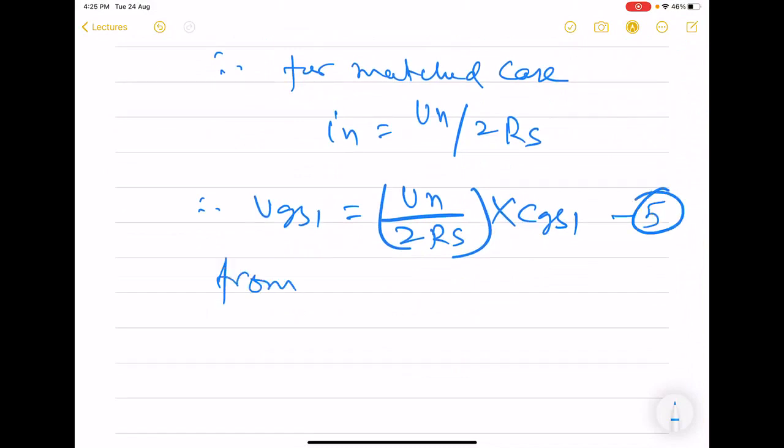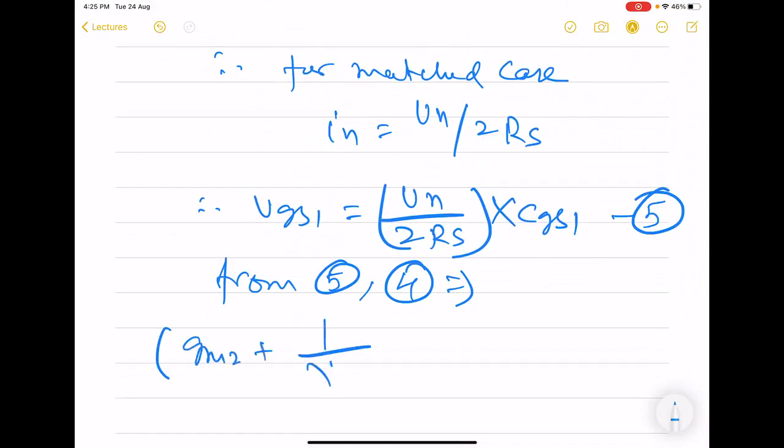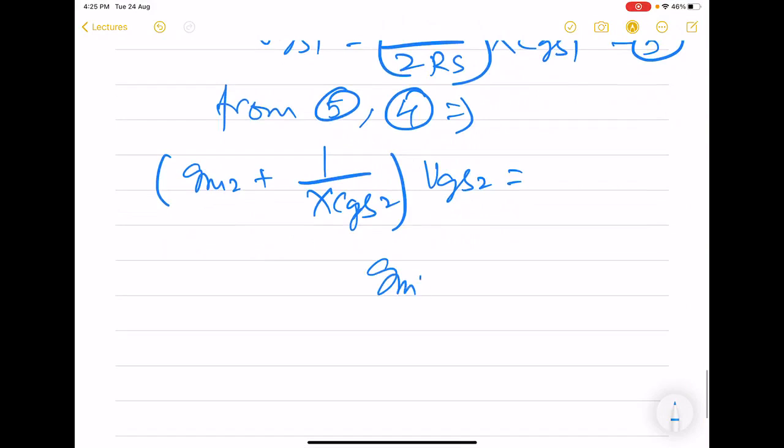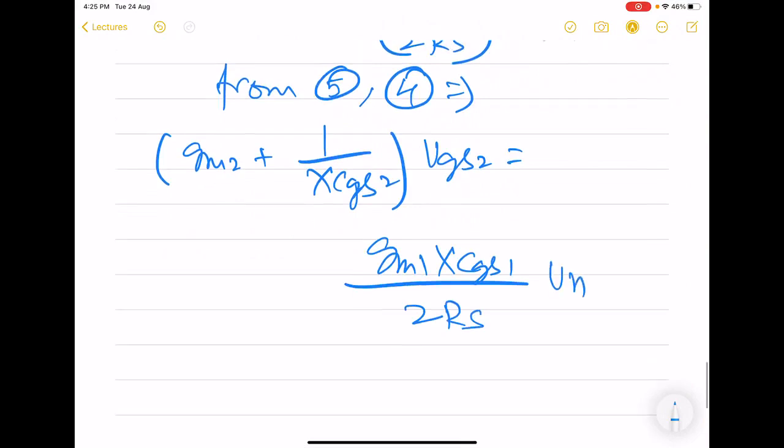So from 5, 4 becomes GM2 plus 1 by XCGS2, VGS2 is equal to GM1 XCGS1 by 2RS Vn.